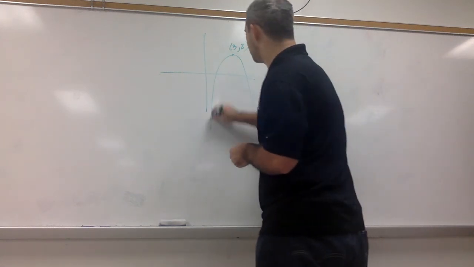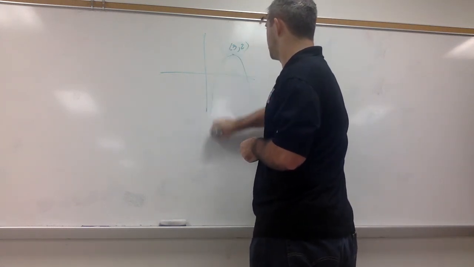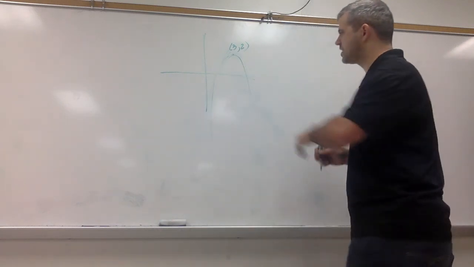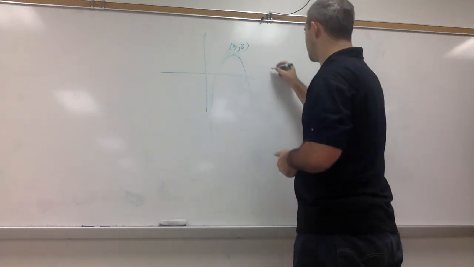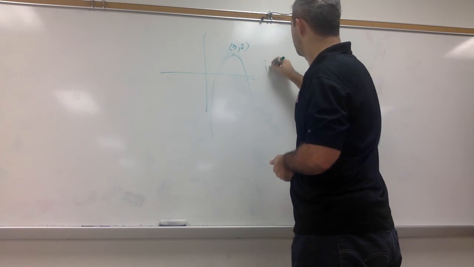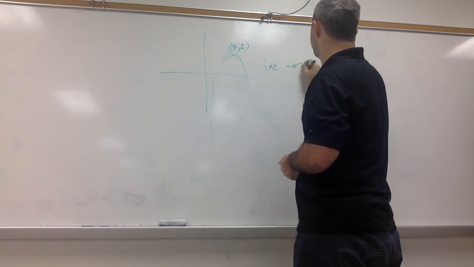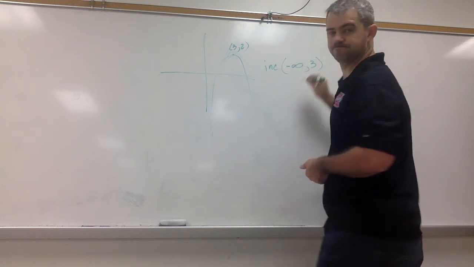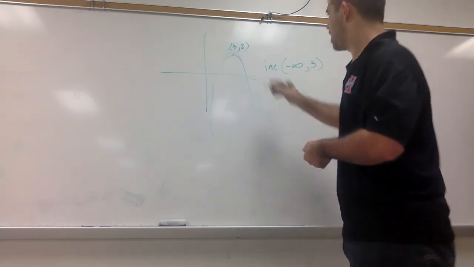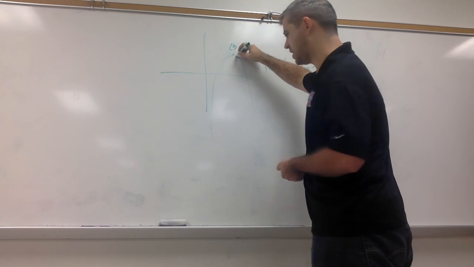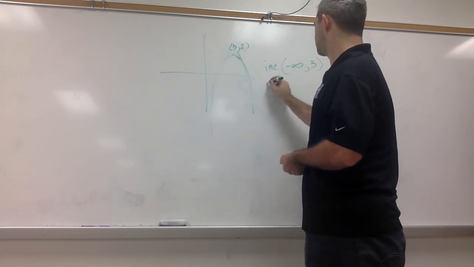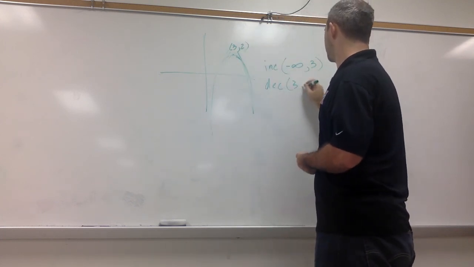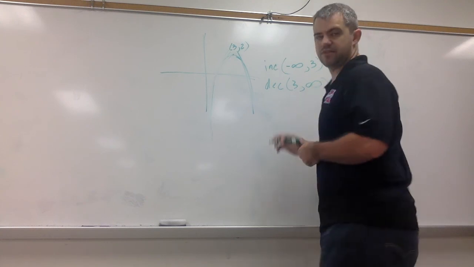Well, it seems to be increasing here. So what x values does that cover? Well, that's increasing from negative infinity to 3. And then over the rest, it seems to be decreasing. So it's decreasing from 3 to infinity. So that should be a nice, easy one for you.